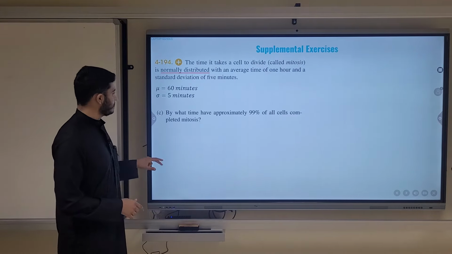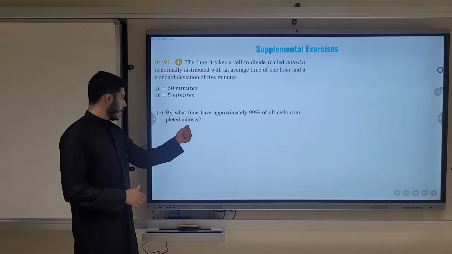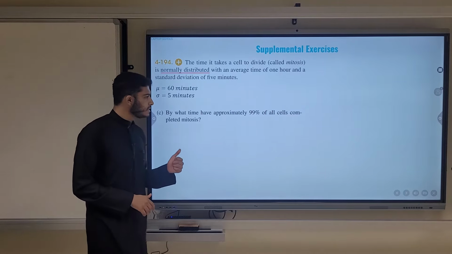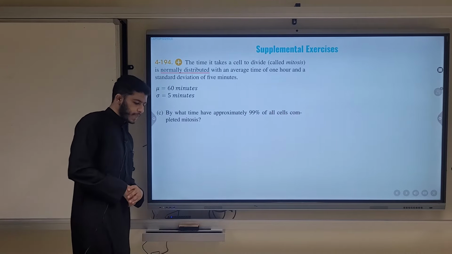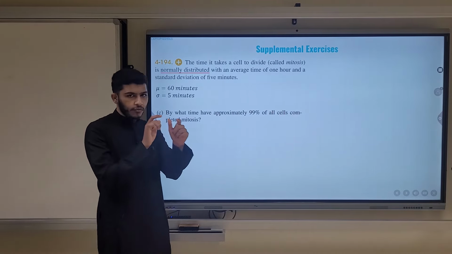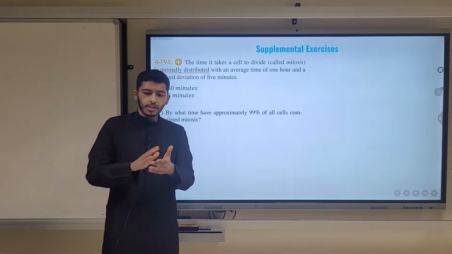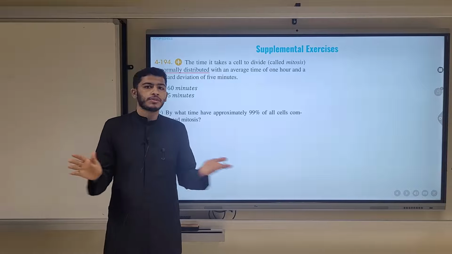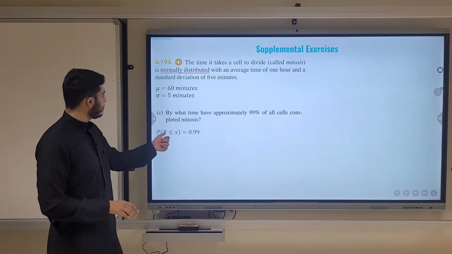Okay, next part. By what time have approximately 99% of all cells completed mitosis? So we want the value of x, the time, such that 99% of our cells have already finished mitosis. Okay, so how do we find this one? It's going to be by using this one.